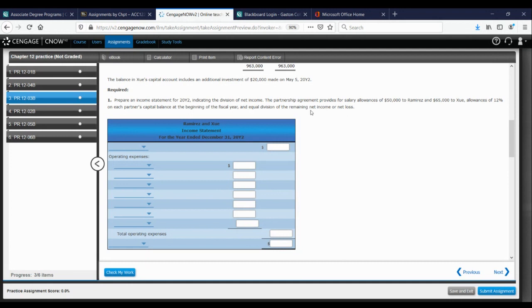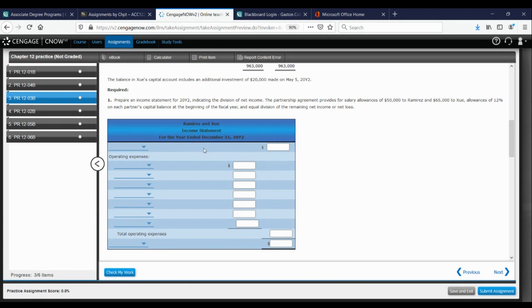But before we can do the division of net income, we need to find the net income. And we're going to find it on the income statement that's prepared first, or we are going to need to prepare this income statement first.